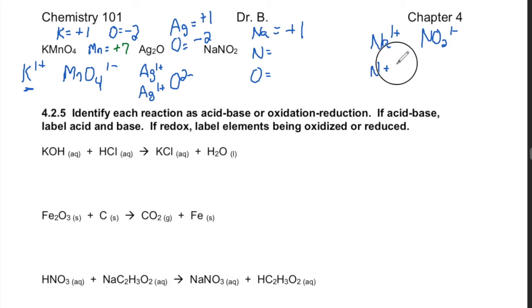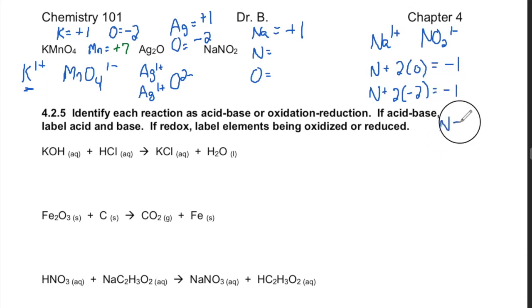So nitrogen plus 2 times the oxidation number of oxygen would be -1. The oxidation number of oxygen is -2. And that gives us N minus 4 equals -1. And so our nitrogen would be a +3 oxidation number. And our oxygen would be -2.